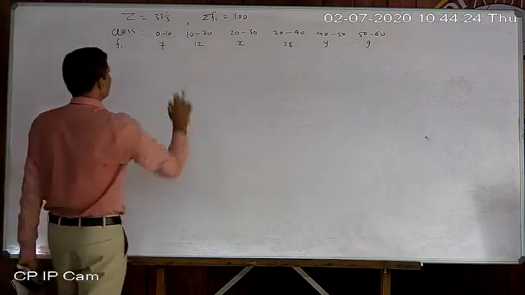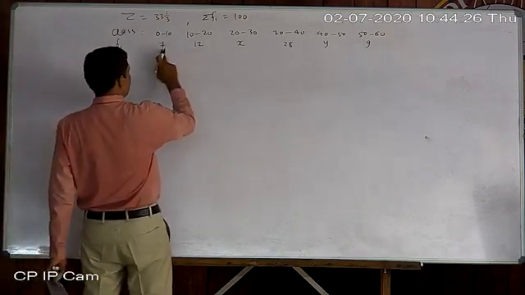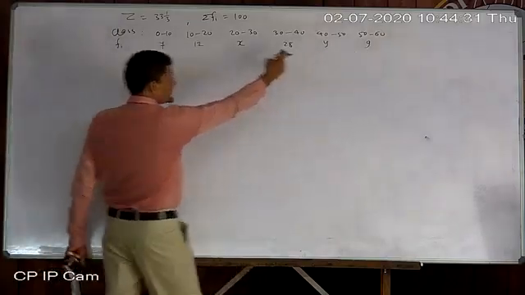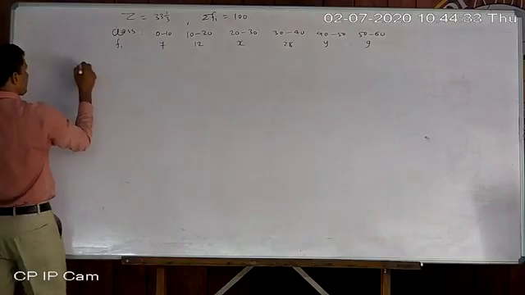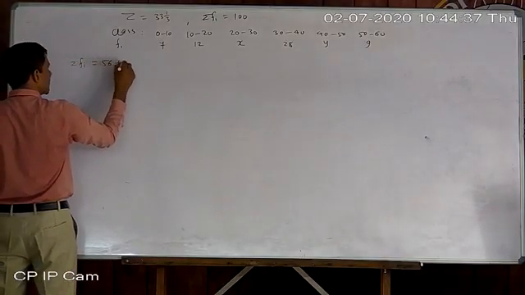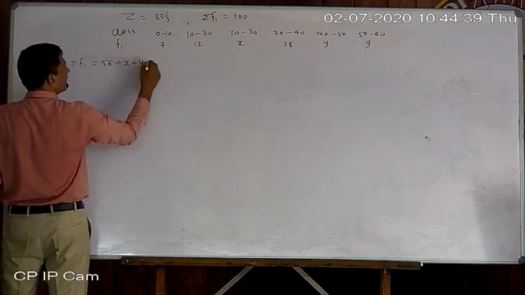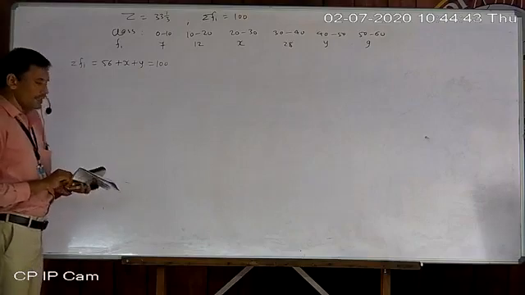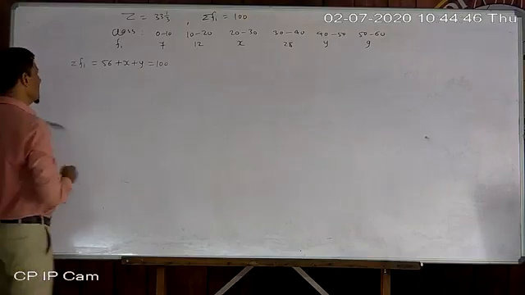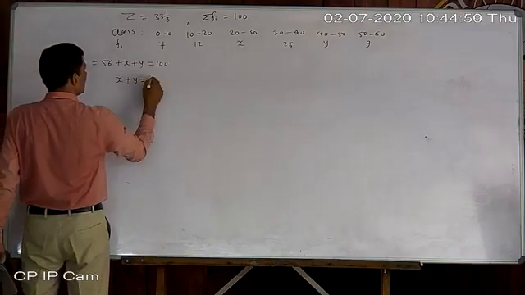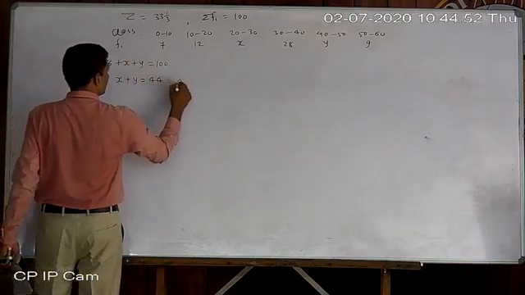It will be 12 plus 7 is 19, plus 9 is 28, plus 28 is 56. So this is sigma fi: 56 plus x plus y, and it is given 100. By comparing both, we can find x plus y. So x plus y will become 44, equation number 1.